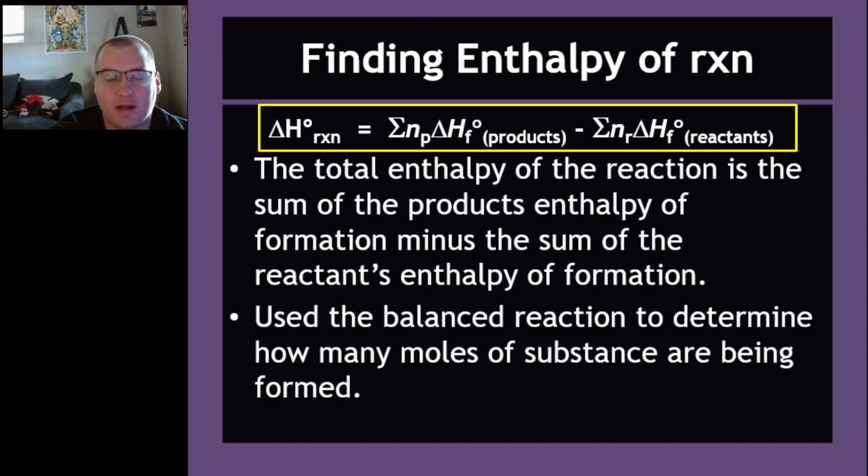I'm going to rewrite it on the problem we're about to do in a slightly simpler way. I'll give you a second to write this, but what this means is the enthalpy of the entire reaction equals the sum of the coefficients times the change in enthalpy of formation of the products, minus the sum of the coefficients times that of the reactants. Okay, it looks really dumb. In fact, I would just write it like this.